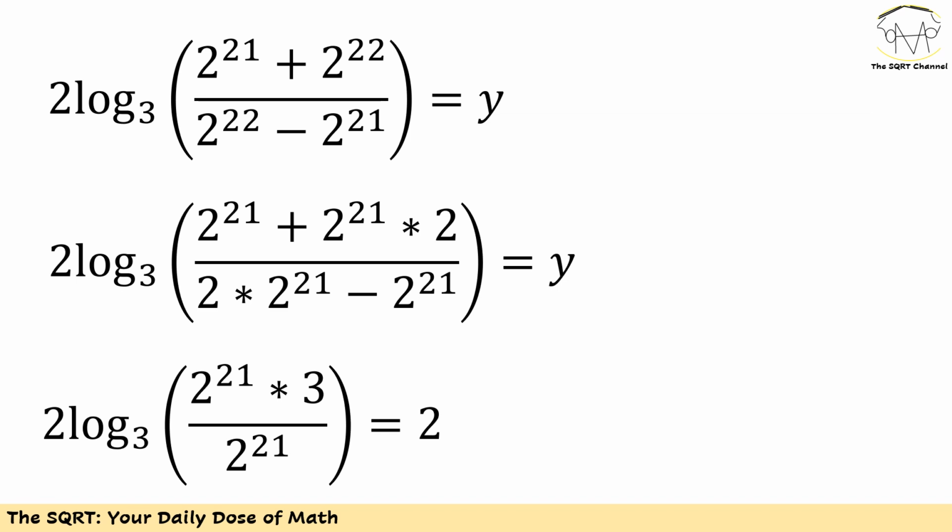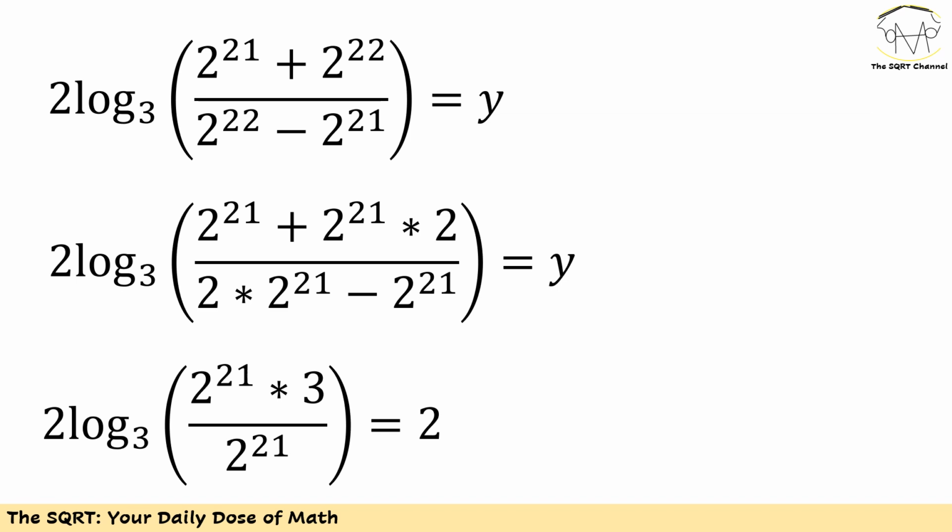I'm going to start with using the same approach but here for y. Note that first of all, instead of 3 I have 2 and instead of 31 I have 21, but the rest is going to be similar. I'm going to factor out 2 to the power of 21 from top and bottom, and then I'm going to have 2 to the power of 21 times 2 plus 1 for top, and then 2 to the power of 21 times 2 minus 1 for bottom.